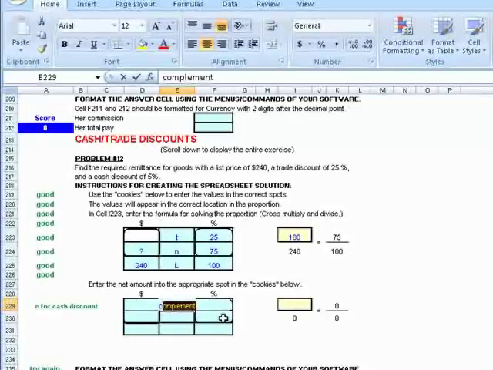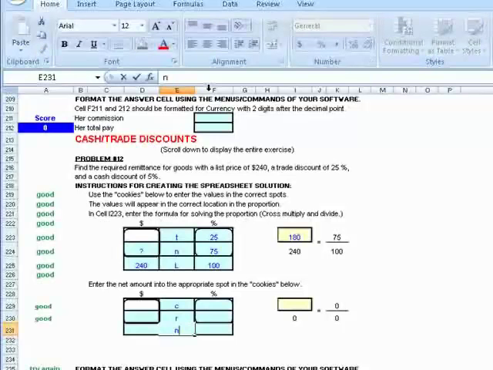C is the cash discount. In order to get our remittance, we're going to have to figure out how much there is on that $180 that we had. So this will be our net.